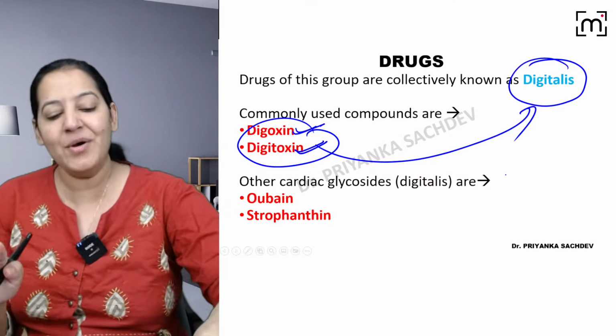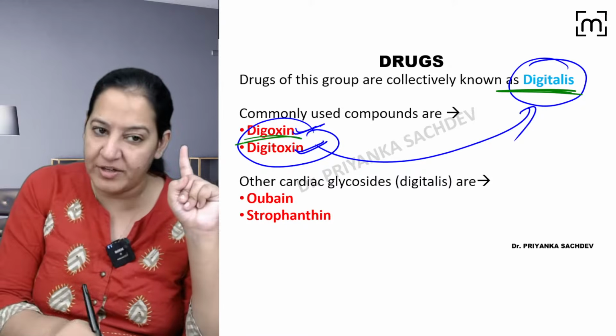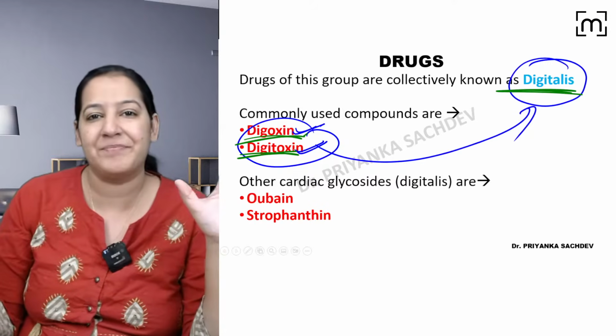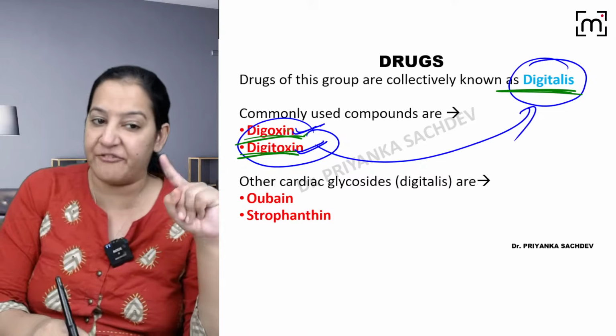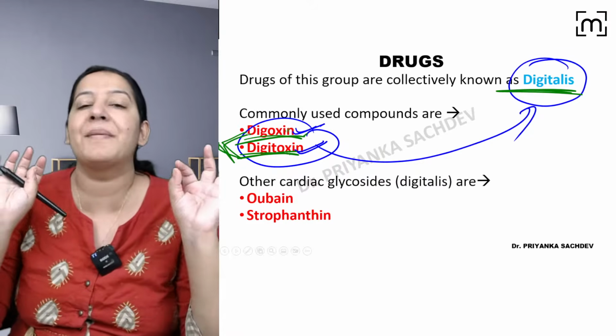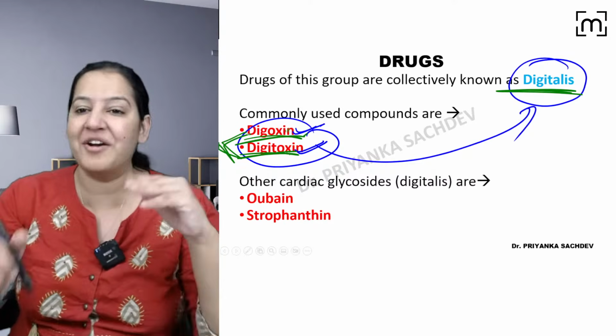In your exam, whether the question is on Digitalis, Digoxin, or Digitoxin, you have to write everything the same. They are not different. There are some pharmacokinetic differences between the two, and I will tell you those. Otherwise, their mechanism of action, uses, and adverse effects are the same. Together they are known as Digitalis.